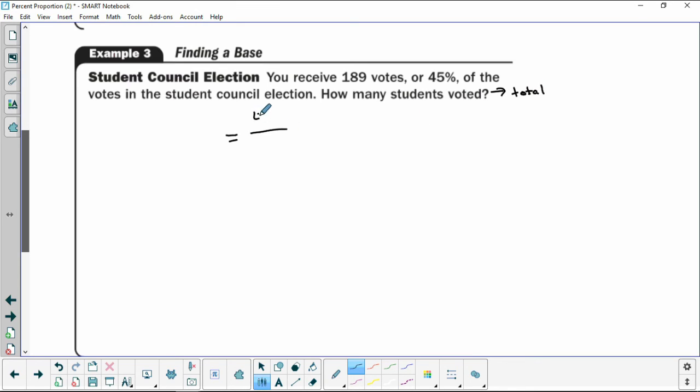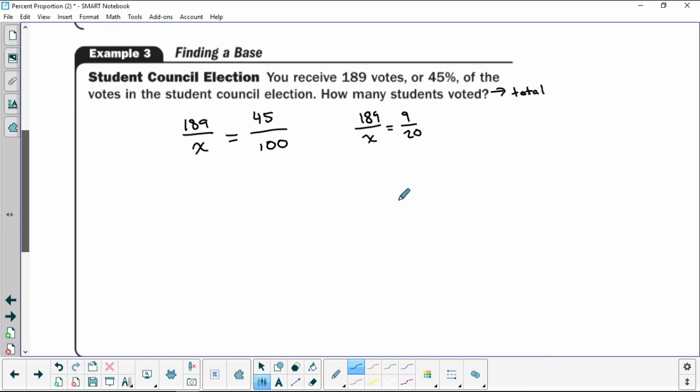So we have the percent, 45 over 100. We have how many you got, 189, but we don't know this part. So if you want, you could use a cross product. You could simplify this first. That might be nice. 189 over x equals 9 over 20. That's a little bit easier.